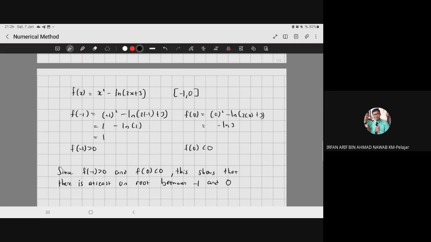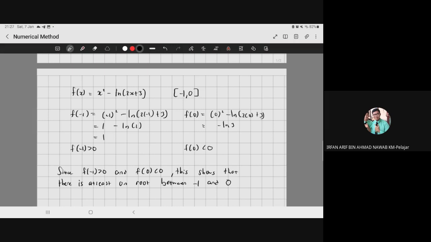Or do you still want to try more of 1.1, numerical solution of equations? Do you want to do more, or continue to our next subtopic, which is 1.2, Newton-Raphson's method? I think we just go to 1.2.